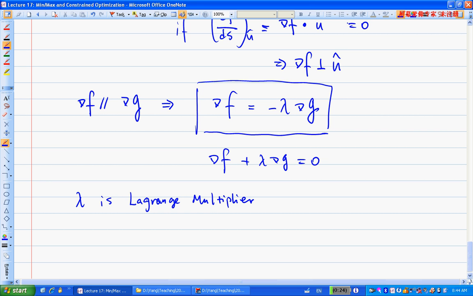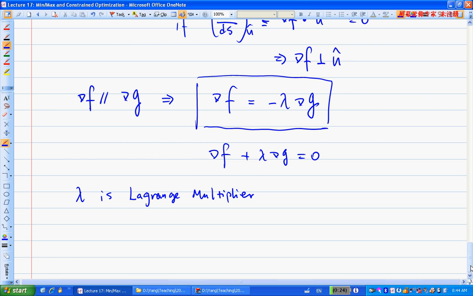Okay, it's called Lagrange multiplier. So just simply based on this expression in here, remember what a del f is, right? Del f is a vector. So del f is a vector df over dx and df over dy.